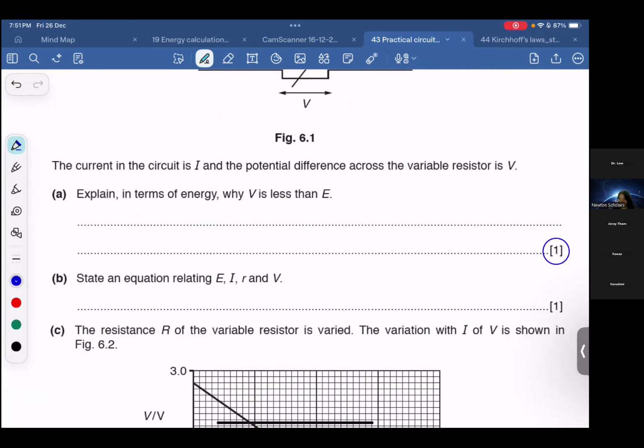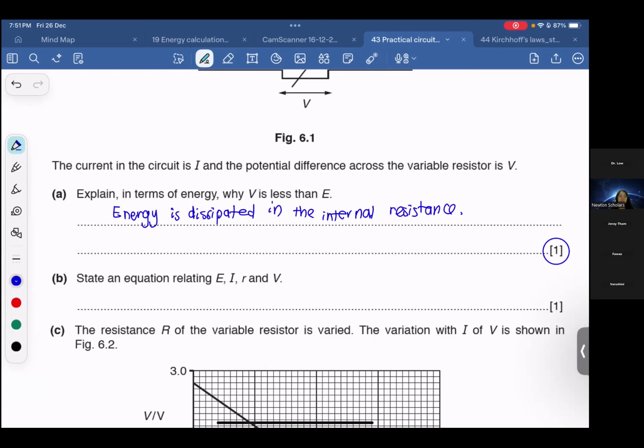So here this one only 1 mark. Then we're talking about the internal resistance. So energy is dissipated in the internal resistance. So this kind of question they like to ask you.